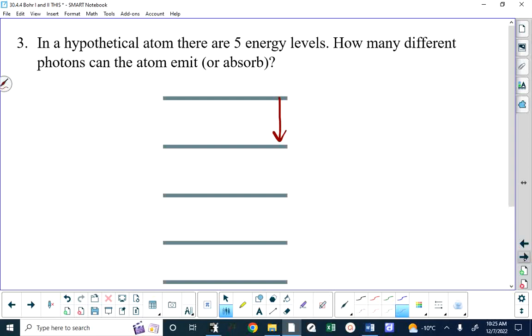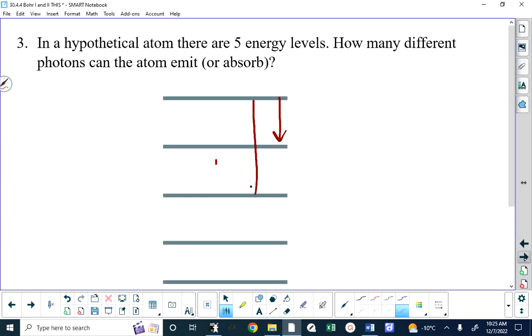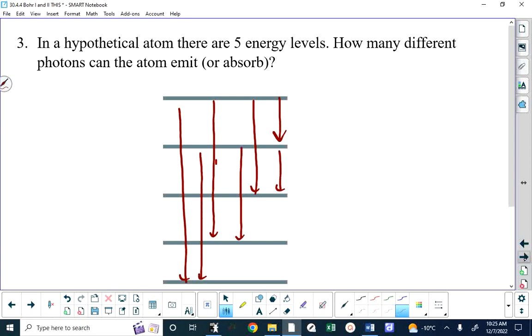From the top energy level, 1, 2, 3, 4. I didn't do that in a very ordered fashion, so maybe I will do it that way so you can see. There's the second possible one. There's the third possible one. There's the fourth. From this energy level, I can go to here, or to here, or to here. From this energy level, I can go from here to here, or I can do that. And if you count them up, there's 10.